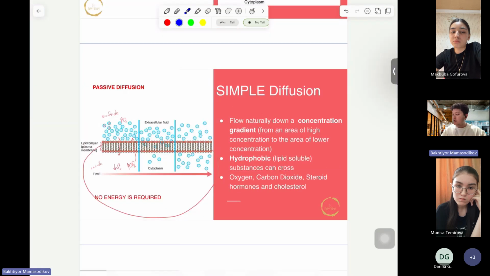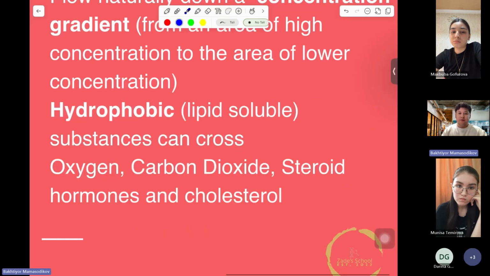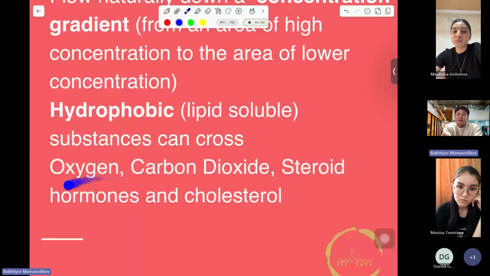So steroid hormones, what are the steroid hormones? Have you ever heard this terminology? What are the steroid hormones? Things to grow muscle. A thing to grow muscle.